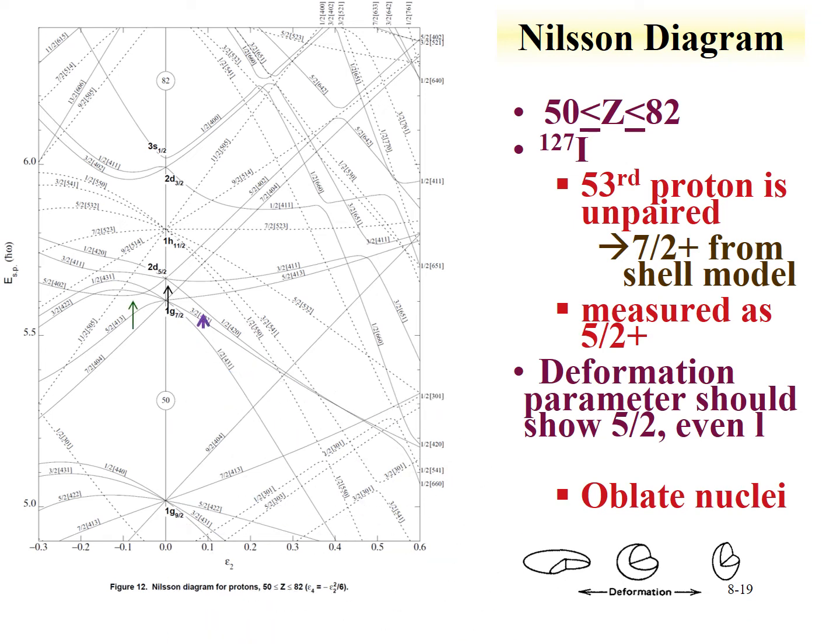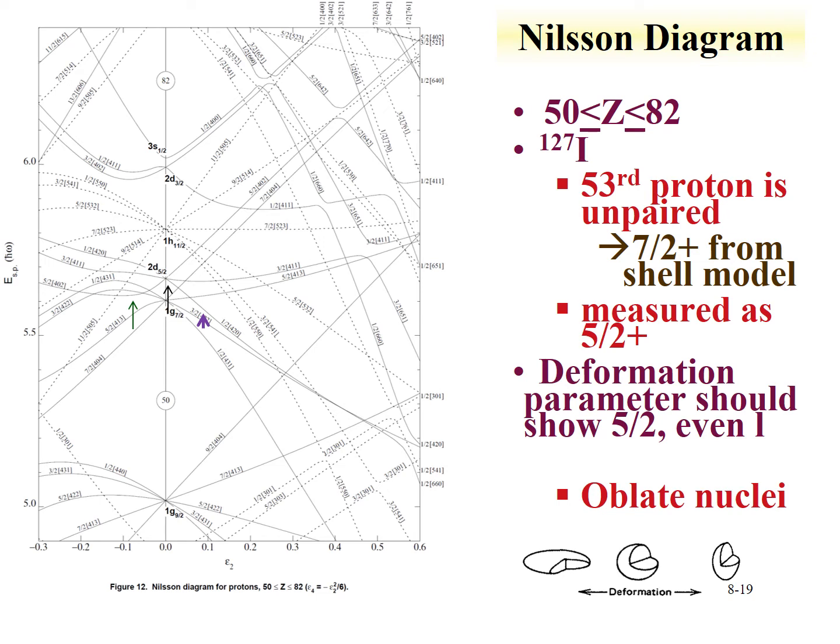If we go to where the nuclei could live, if it's a spherical nuclei, it would be in the 1G 7/2. If it's a prolate nuclei, so a positive deformation parameter, the orbital should be occupied as shown by the blue arrow, and that should be in a 3/2 orbital because it's 53.